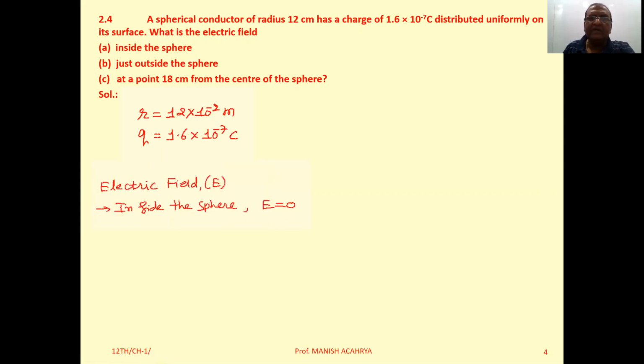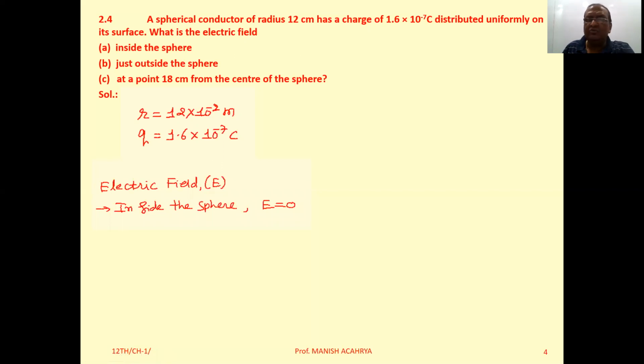First, we have to calculate the electric field inside the sphere. In theory, we discussed this for a spherical conductor. Inside it, at any point, the electric field is 0. Not only for the sphere, but for any type of conductor, inside it the electric field is 0.